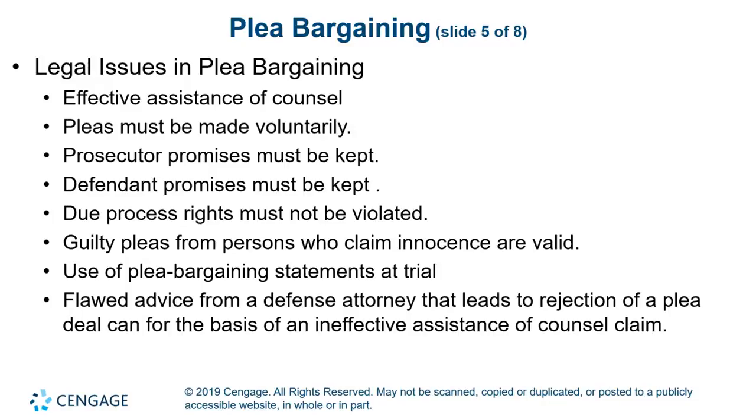Statements made during a plea bargain may be used under some circumstances at trial if negotiations break down. Flawed advice from a defense attorney that leads to rejection of a plea deal can form the basis of an effective assistance of counsel claim. So these are some legal issues that the U.S. Supreme Court has found. And you can find those on page 398 and even over on 399.